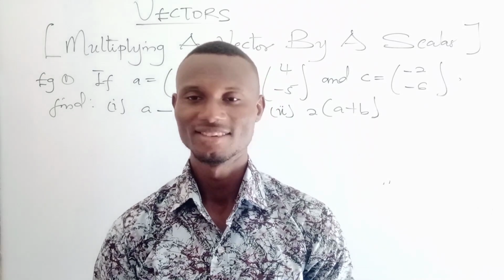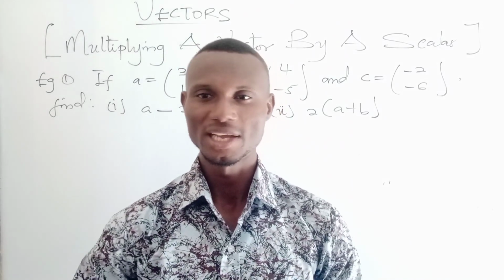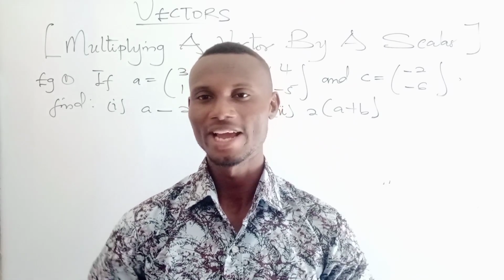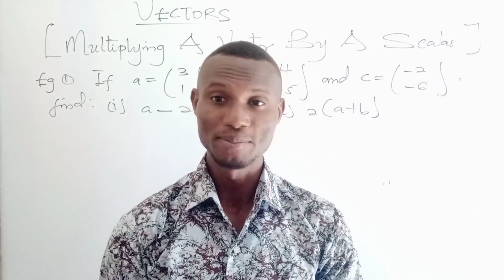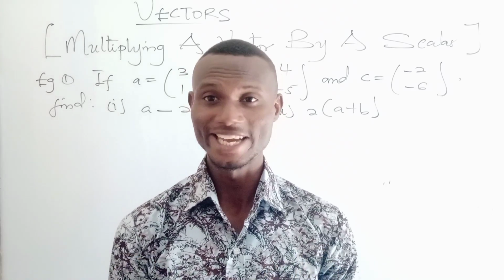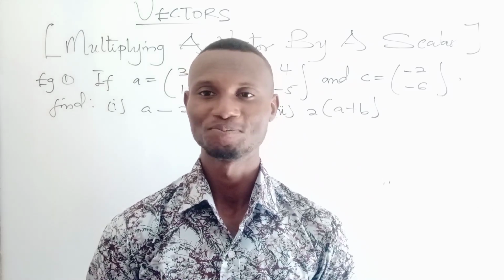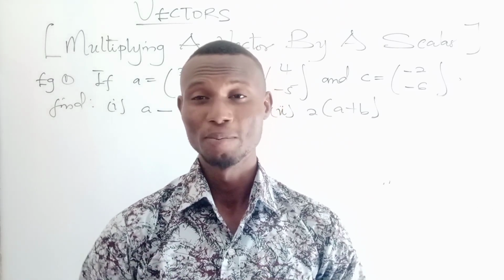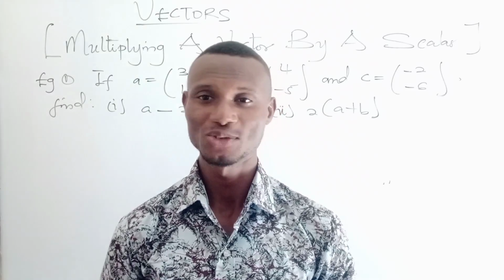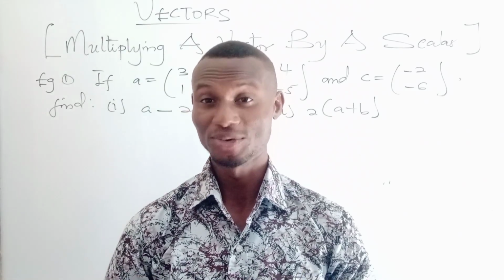Examples of scalars are volume, time and density, because they have only magnitude. I explained what the magnitude of a vector is in the previous videos, which is why I keep encouraging you to watch them.